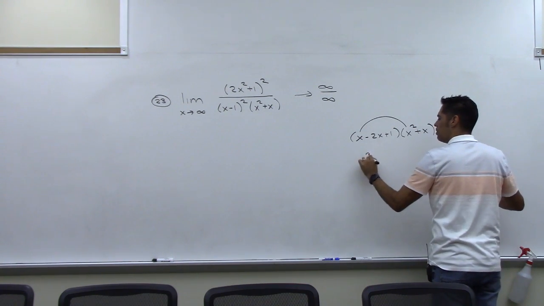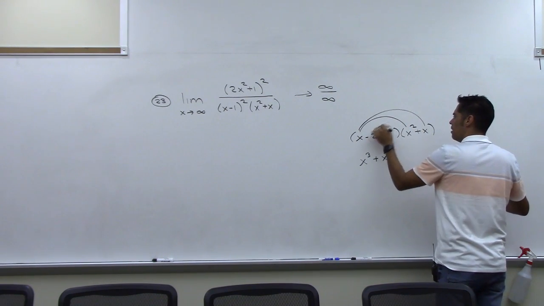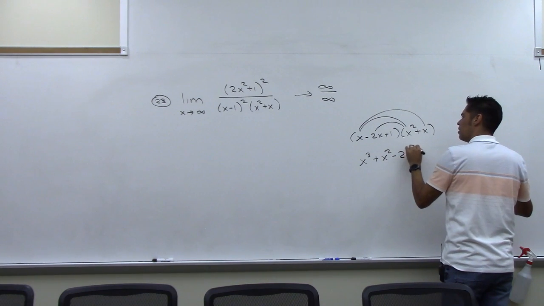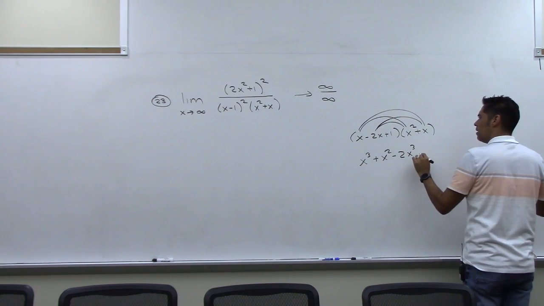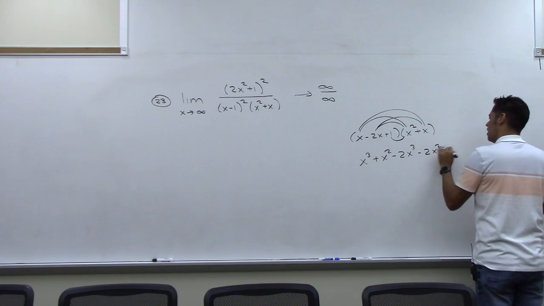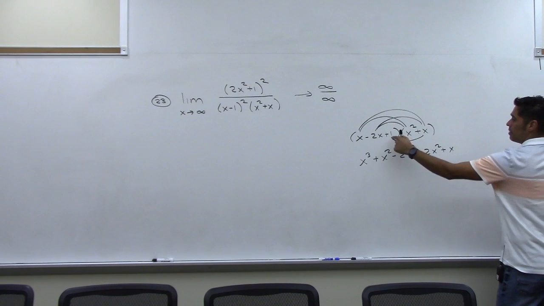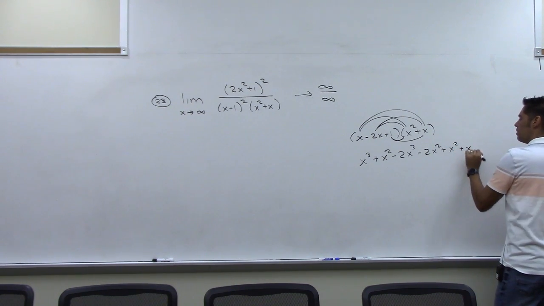So I get x cubed plus x squared, that was this one. Then this one, minus 2x cubed. And this one here, minus 2x squared. And then this times this, plus x. And then this times this, I'm sorry, this one, plus x squared, and then plus x.